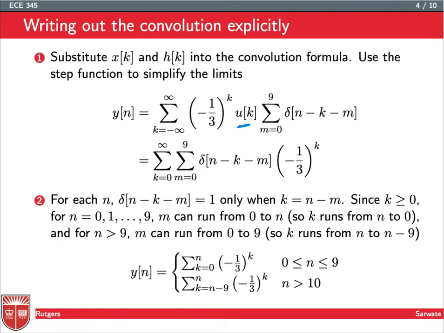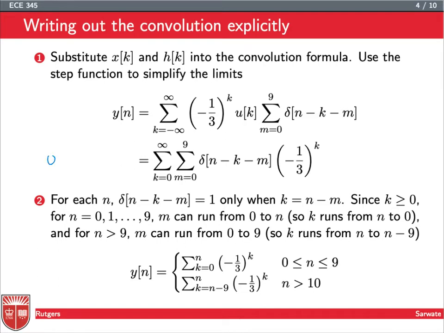Now because I write the h in terms of a summation itself, there's a summation from m equals 0 to 9, and now I get this delta function. And over here I have the same minus 1/3 to the k, u of k. That's pretty straightforward. And I'm summing again over k from minus infinity to infinity.